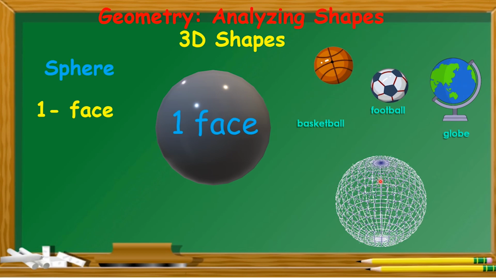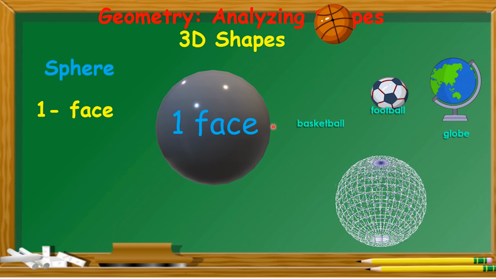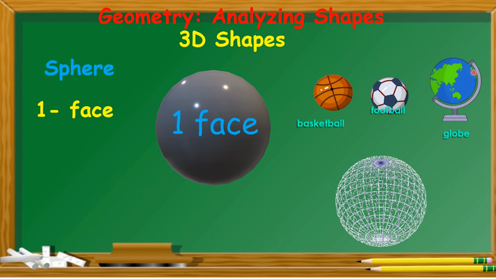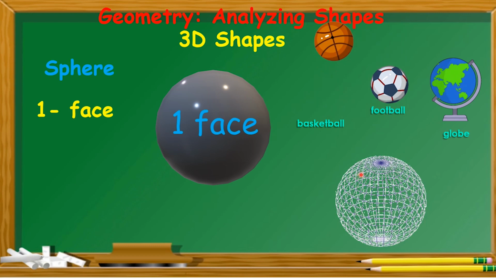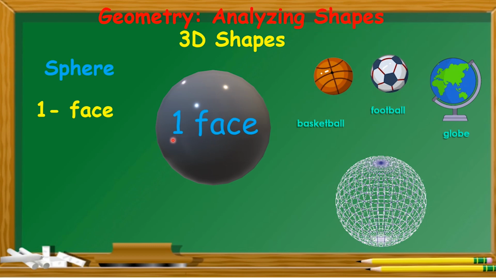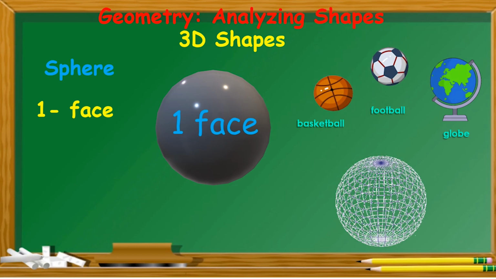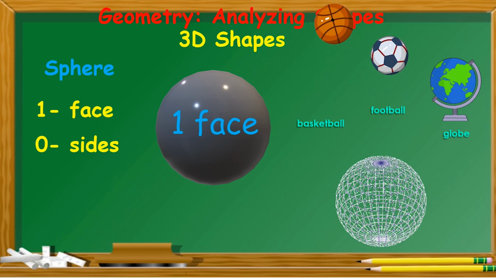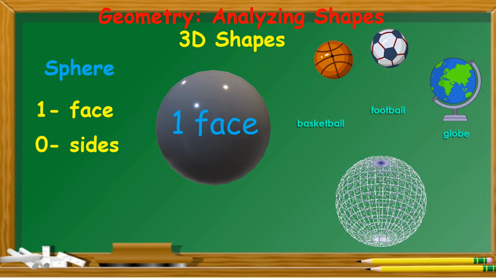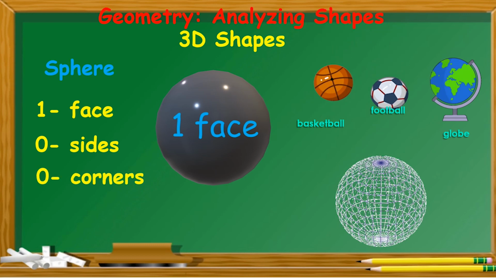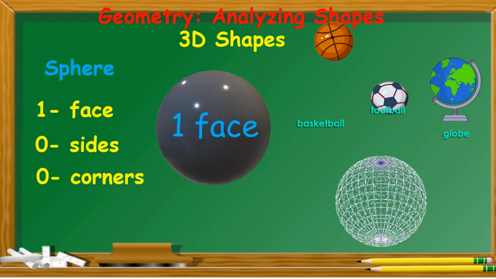So all the round objects are what we call spheres. This is round, round, round. So a round object. So this one is a sphere. It has one face, 0 sides, and 0 corners.